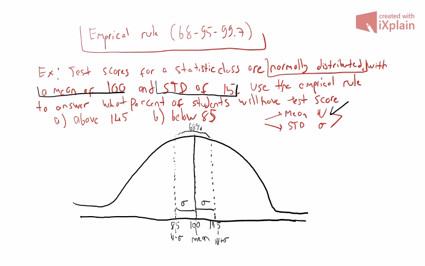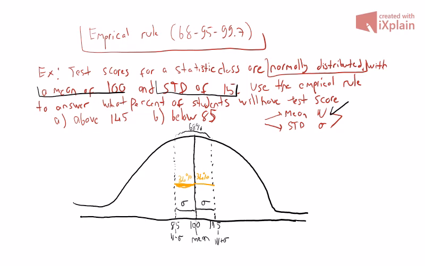But since this is symmetrical, let me change the color. Let's make it orange. So 34% is going to be here. This is meant to be a straight line, by the way. Okay. And 34% is going to be here. Okay. So this is useful information.